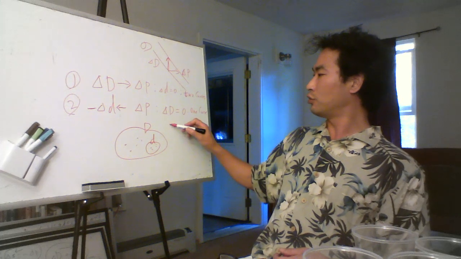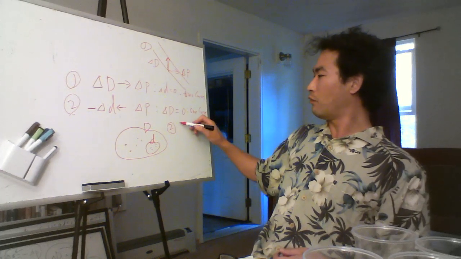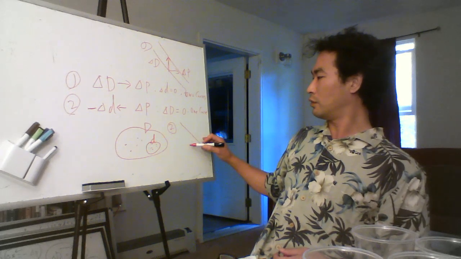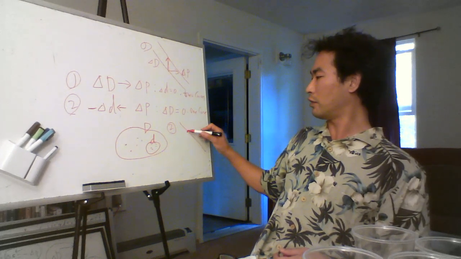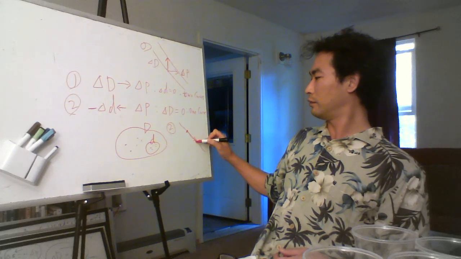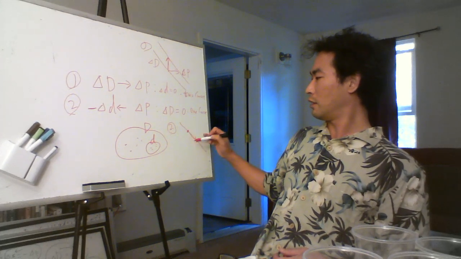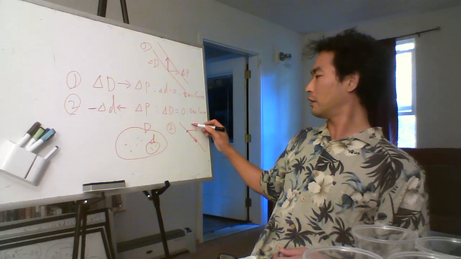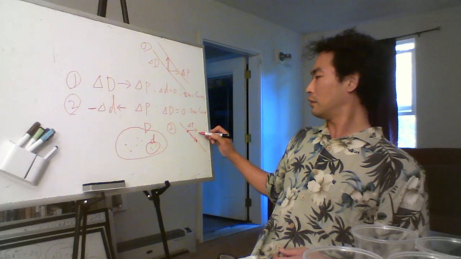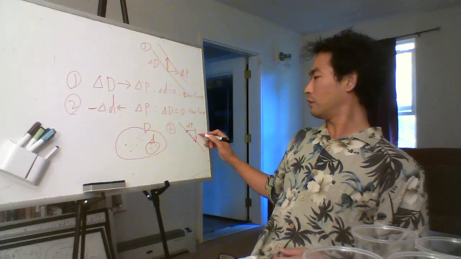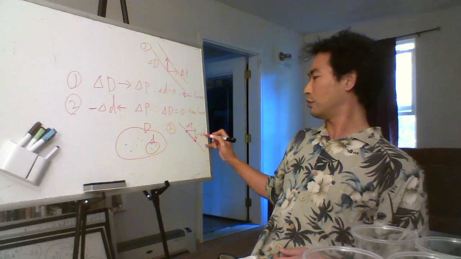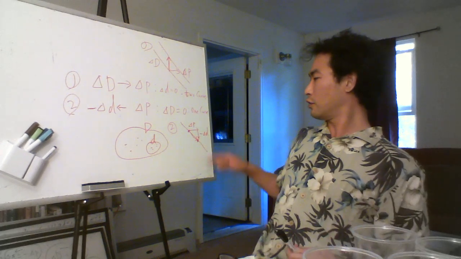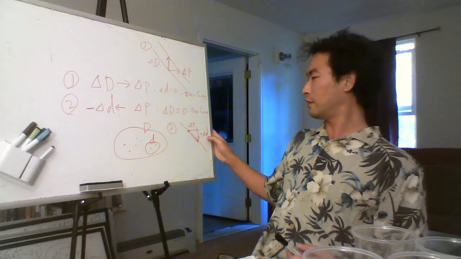Now number two is the same, one curve. From here to there, price goes up, then you have demand go down. So delta small d is negative, right?